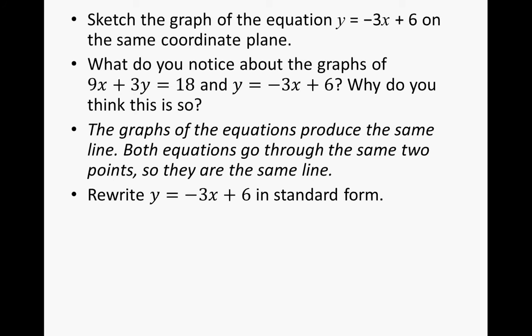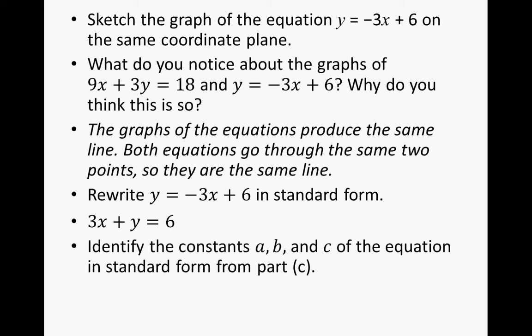So rewrite y equals negative 3x plus 6 in standard form. Well, we would start with 3x plus y equals 6 by adding 3x to both sides, and identify the constants a, b, and c of the equation in standard form from part C. Well, that would be a equals 3, b equals 1, and c equals 6.